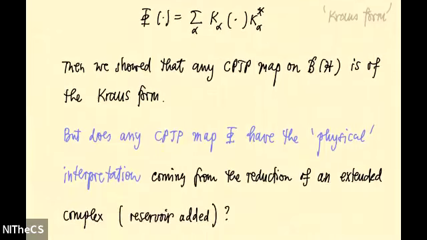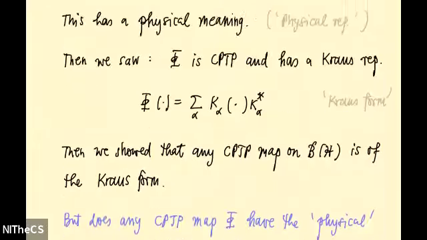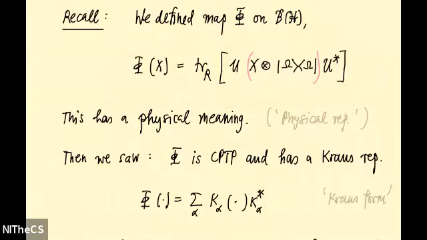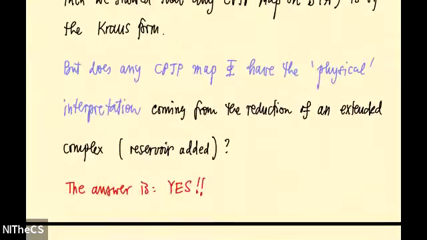If you give me any CPTP map, we just showed it's of Kraus form, but does it also always necessarily come from this physical picture? And the answer is yes.